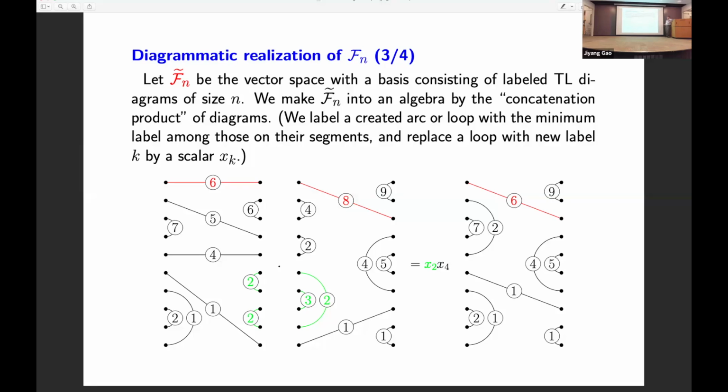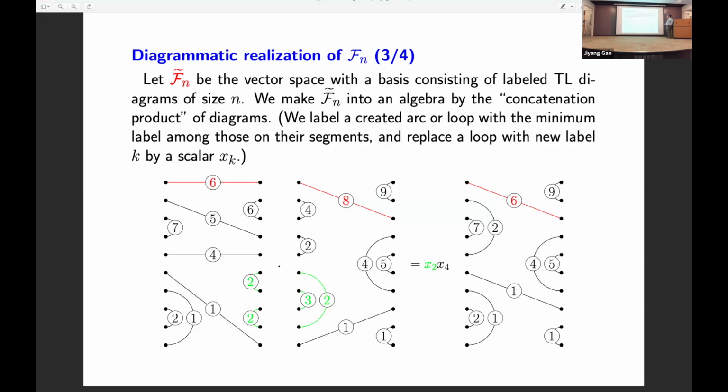But we have to label these arcs, so the level on the created arc is maybe the minimal value of the levels of the segments. So this has level 6 and this has level 8. So the new arc created here has level 6 because 6 is smaller than 8.